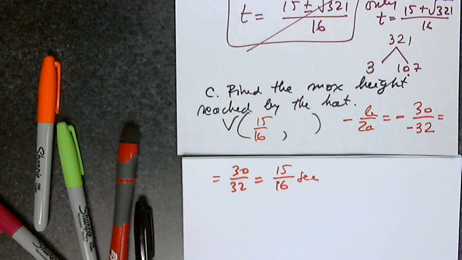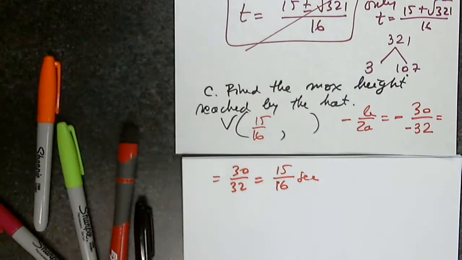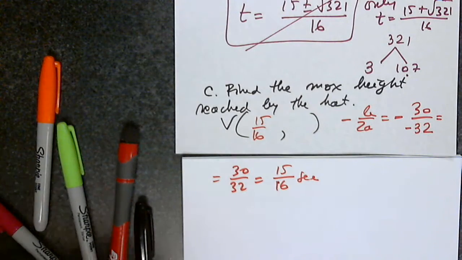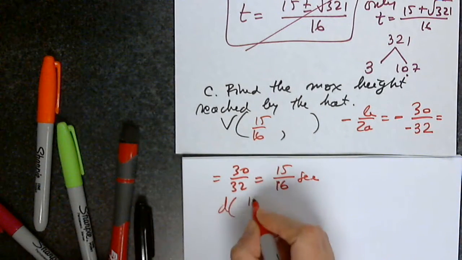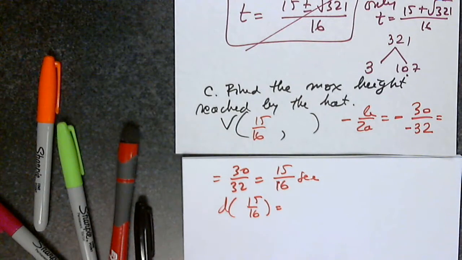But now how do I find the maximum? Exactly. How do I find the y-coordinate which will give us the maximum, if I have x? Yes. So I have d of 15 over 16. So let's go back to the graphing calculator.